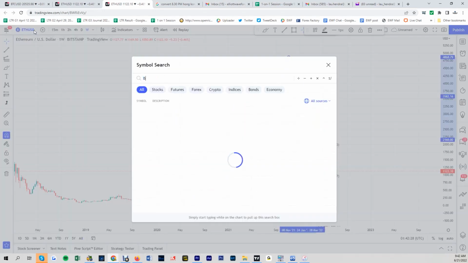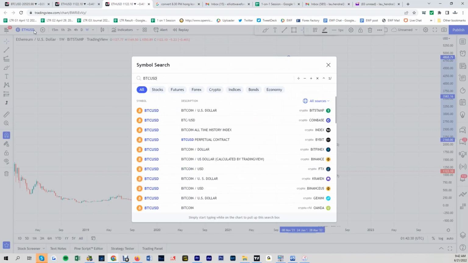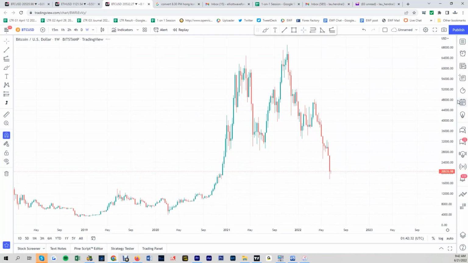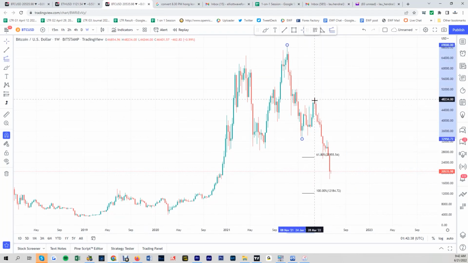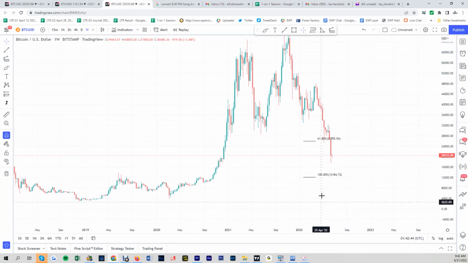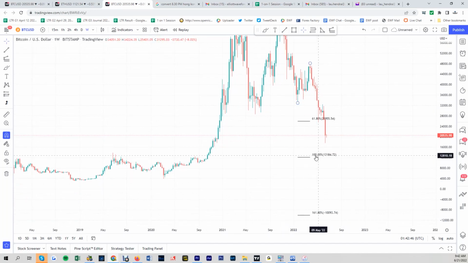Besides, if you look at Bitcoin for example, it has not reached the ideal target here. It's also 3 swings down, and if you look at the retracement, ideally we still hit 12,000 minimum, and this is a minimum. It's an area. We never project an exact level, right?